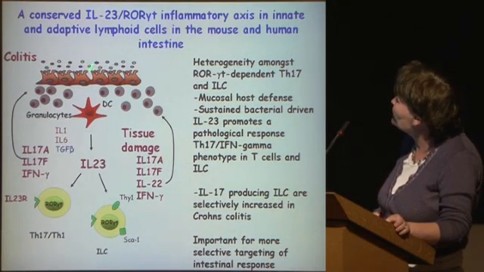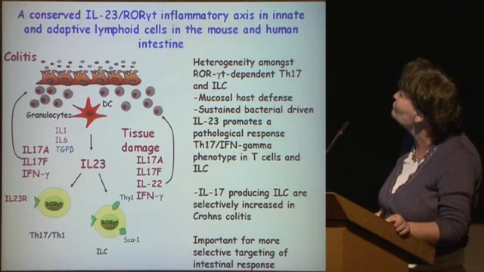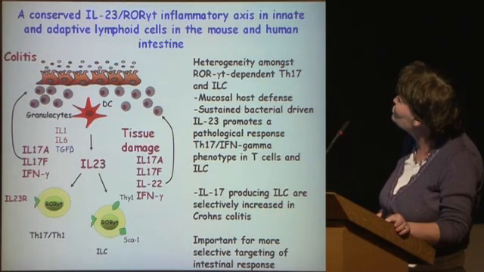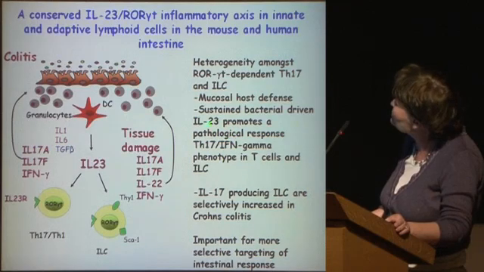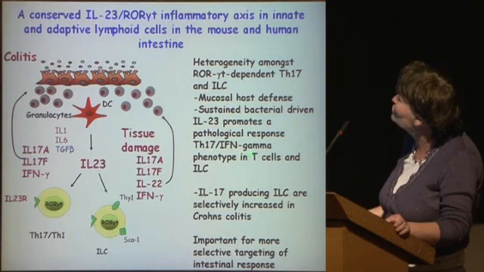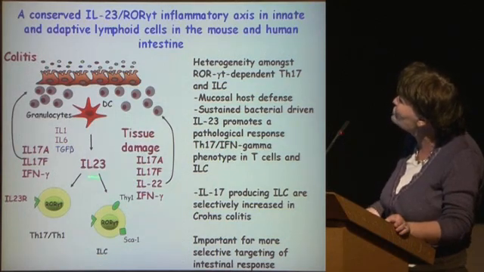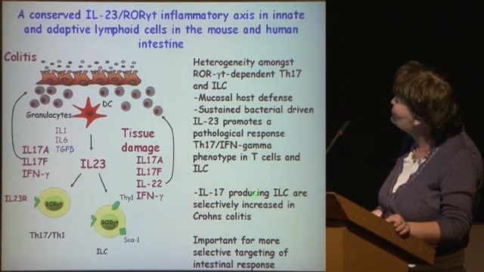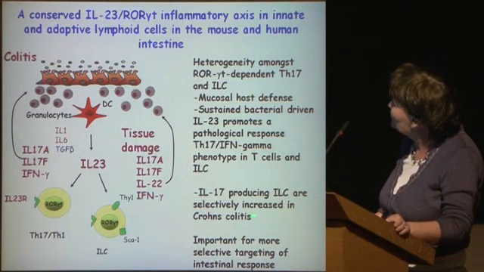I think under homeostatic conditions, there's an important role for these populations of cells in promoting host defense and barrier function, but upon sustained bacterial-driven responses, IL-23 can promote the elaboration of a more pathological type response, leading to the production of not only IL-17 and IL-22, but also interferon gamma by these populations of cells. And there's some evidence that there's a selective increase in these populations in Crohn's disease.